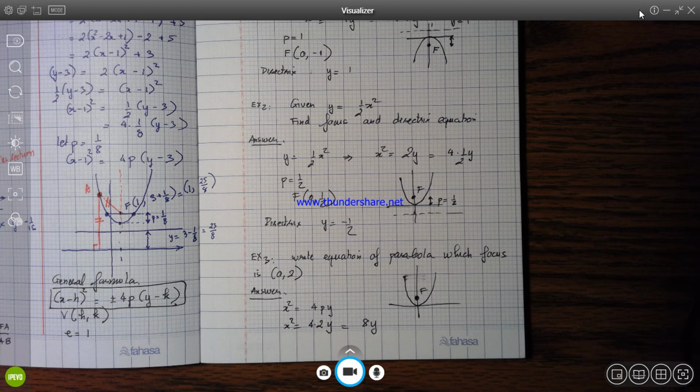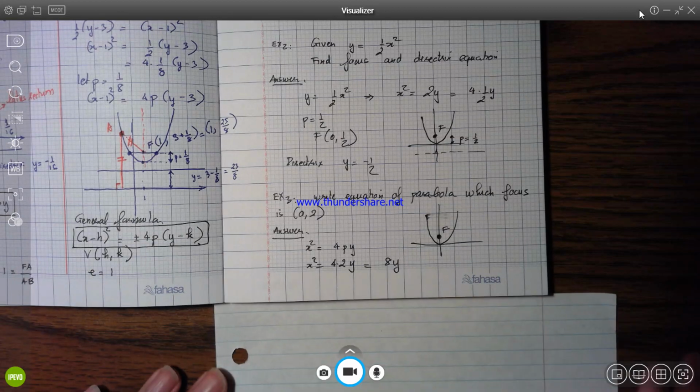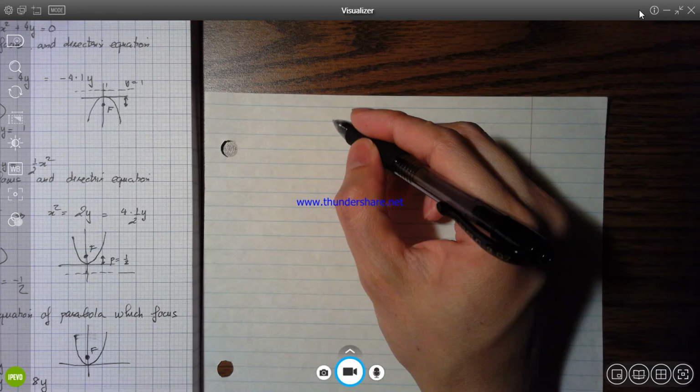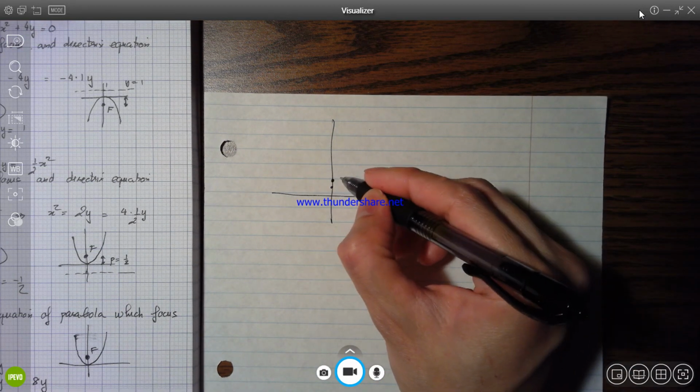Just imagine. Let me get some scratch paper right here, and I can show you really quick. Okay. So look at that. If it is opening down, right? So you're going to have a (0, 2) right here, right?